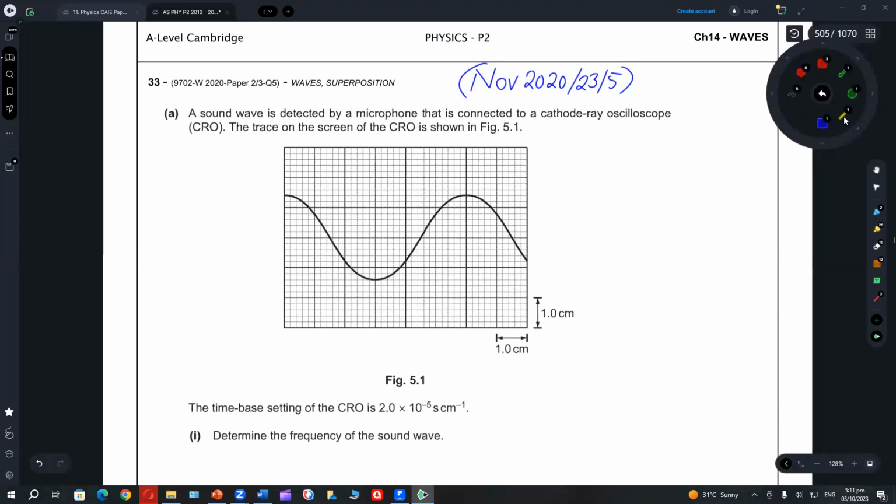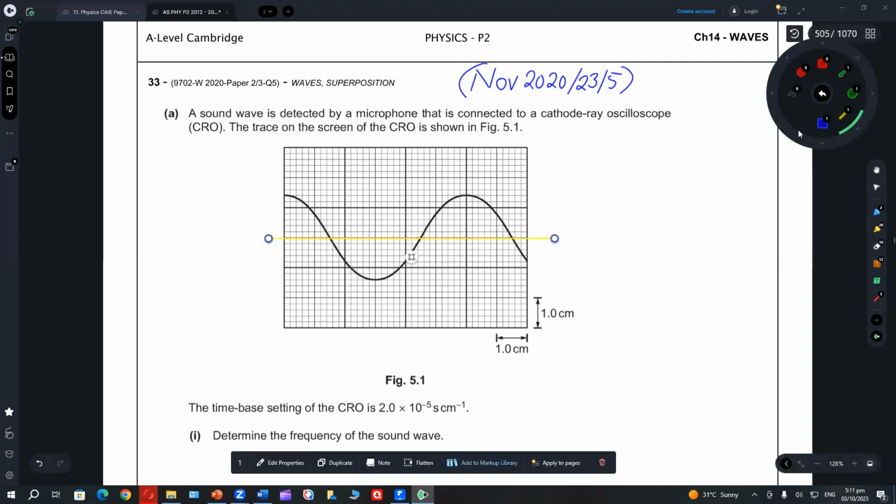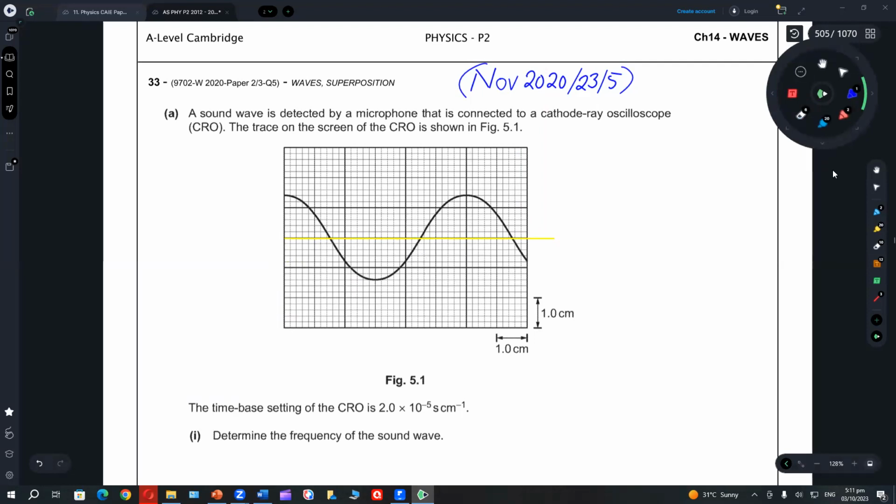We should draw our x-axis. Determine the frequency of the sound wave.